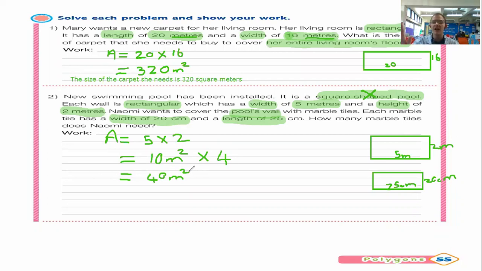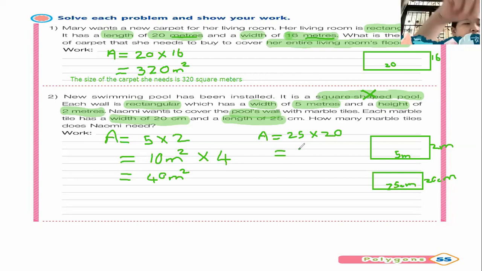Let's do the area of the other one. The area of the marble tiles will be 25 times 20. And what would that answer be? 25 times 20 equals? 500. Excellent, equals 500.